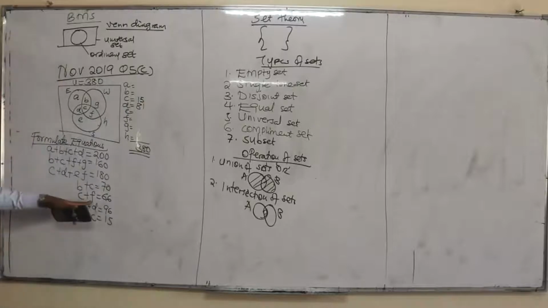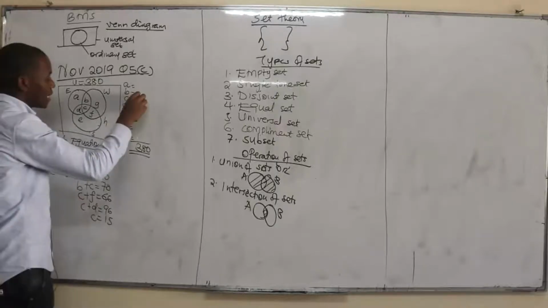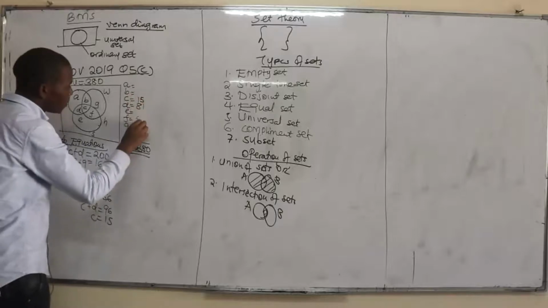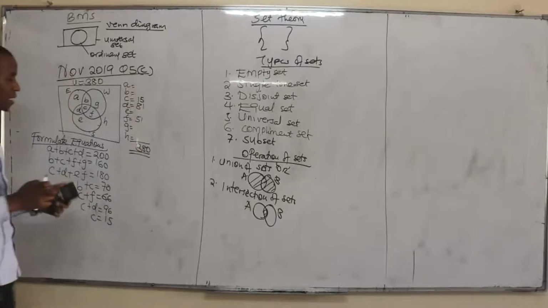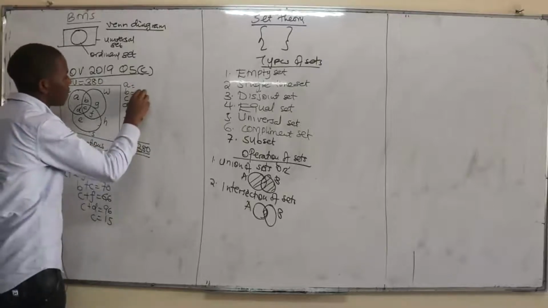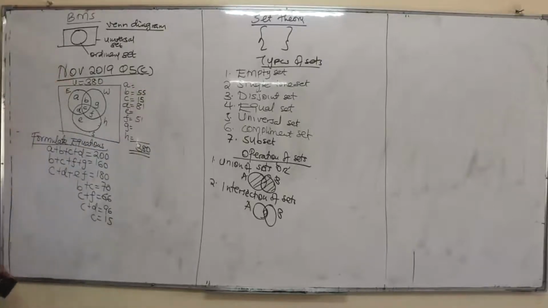We can also get F because we know C. C is 15, so 66 minus 15 gives F as 51. We can also get B: we know C, so it will be 70 minus 15, which is 55.